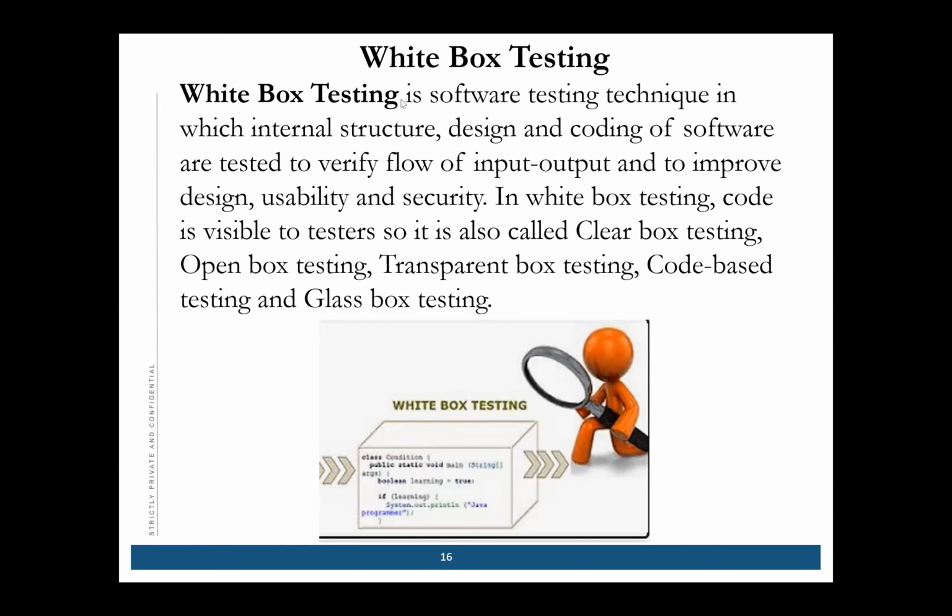In white box testing, code is visible to the tester, so it is also called clear box testing, open box testing, transparent box testing, code-based testing, and glass box testing. Correct. So here everything is visible and the code is also visible, so accordingly we do the testing. That's why it is called white box testing.